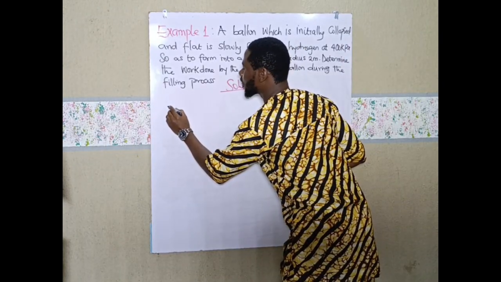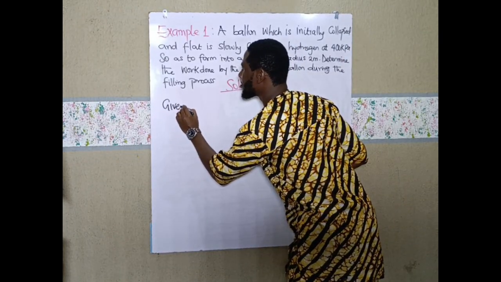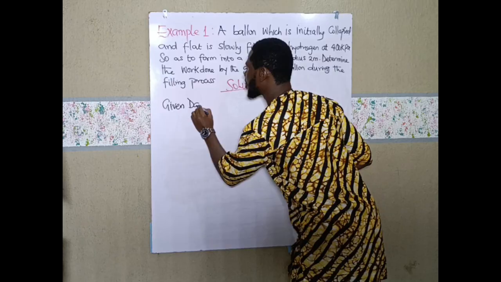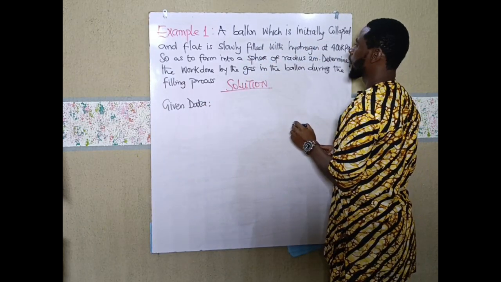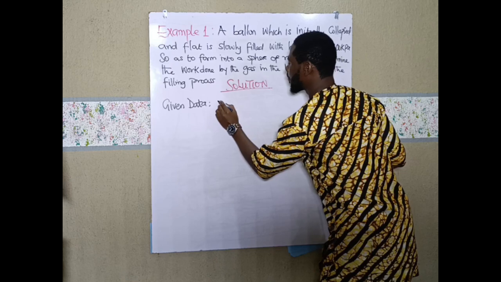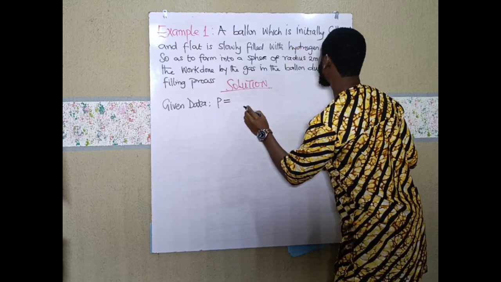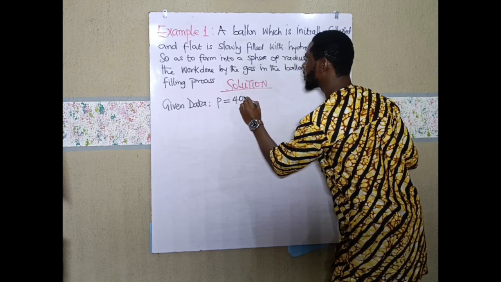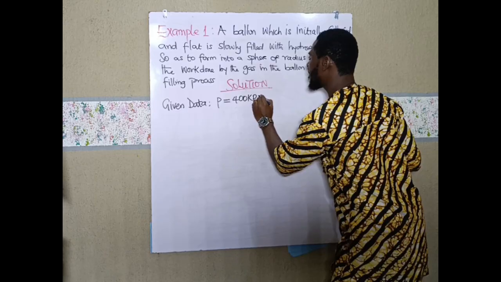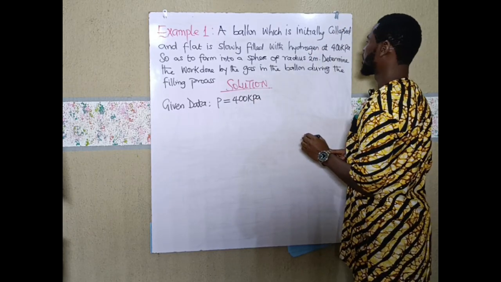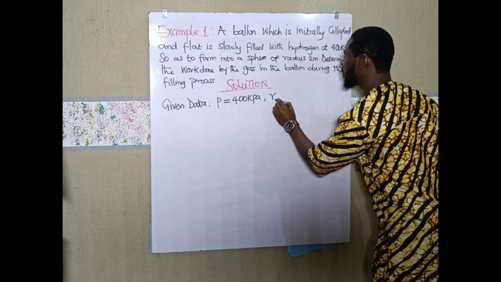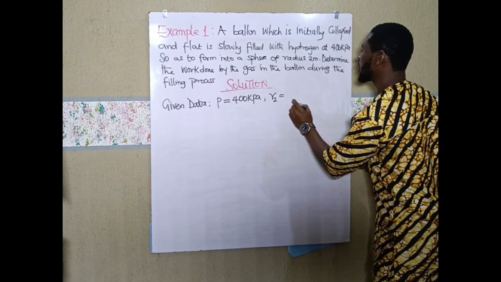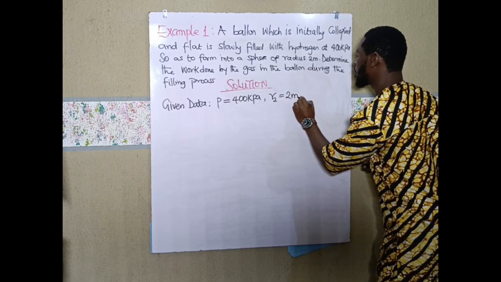Step 1. Given data. Pressure of 400 kilopascal and radius, the outer radius R2 given as 2 meter.